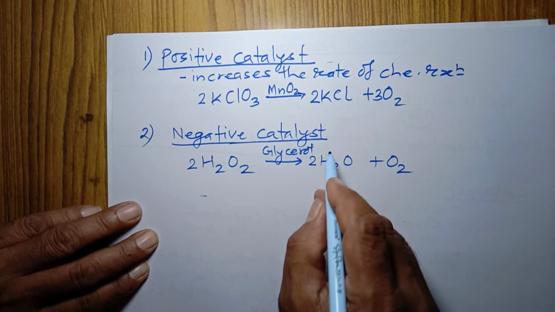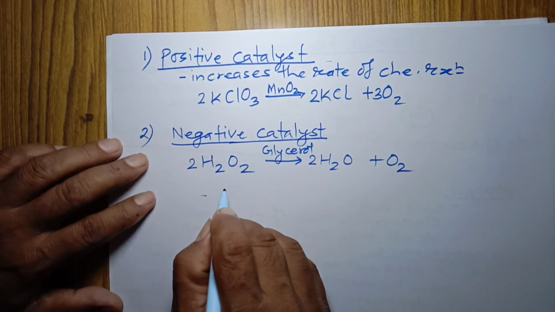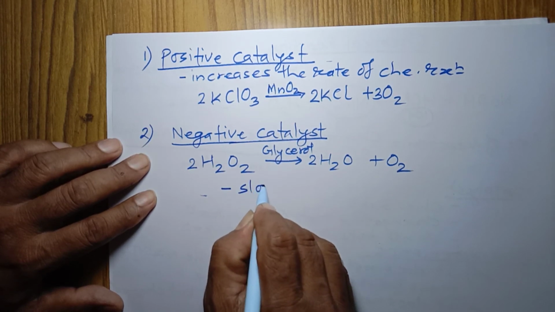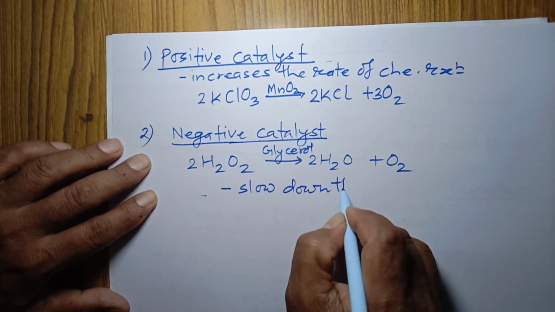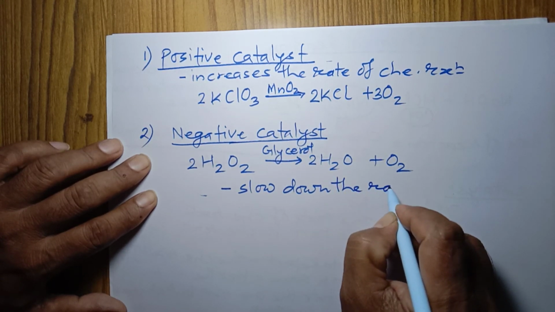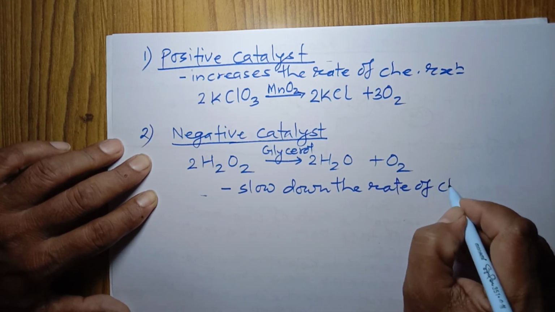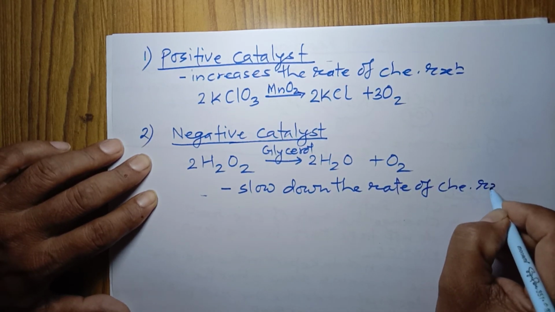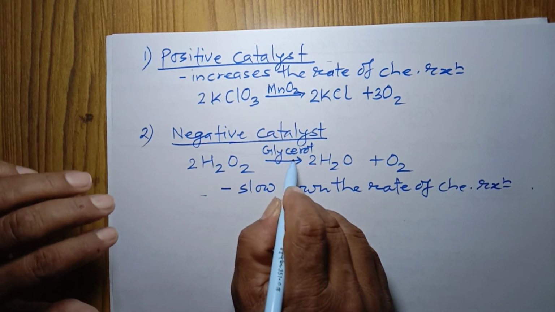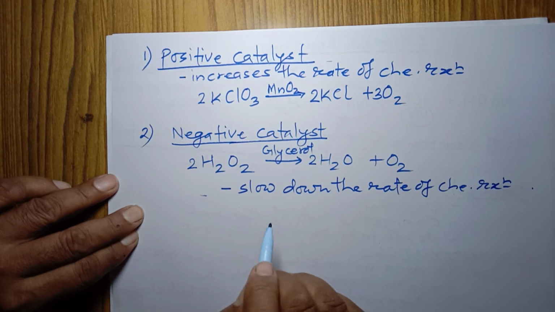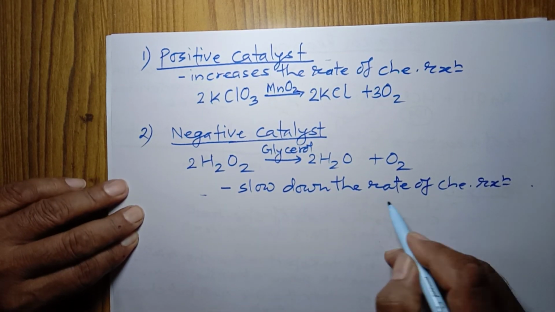We can define it this way: a catalyst which is used to slow down the rate of chemical reaction is called a negative catalyst, and glycerol here is acting as a negative catalyst. It slows down this decomposition. Okay, this much for today.